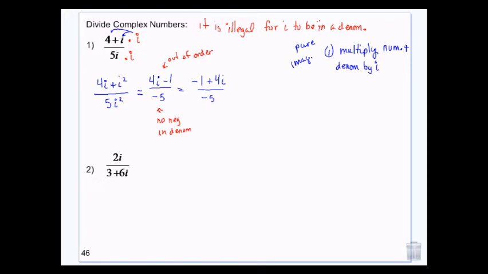And then to get rid of that negative in the denominator, you change all the signs. So this becomes 1 minus 4i over +5. And then it's nice and pretty and we like it.